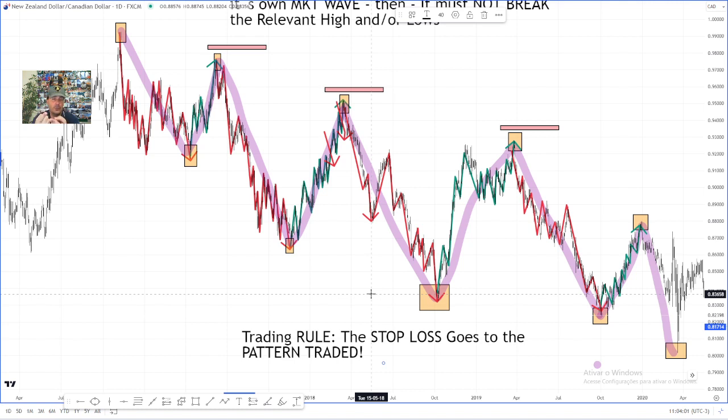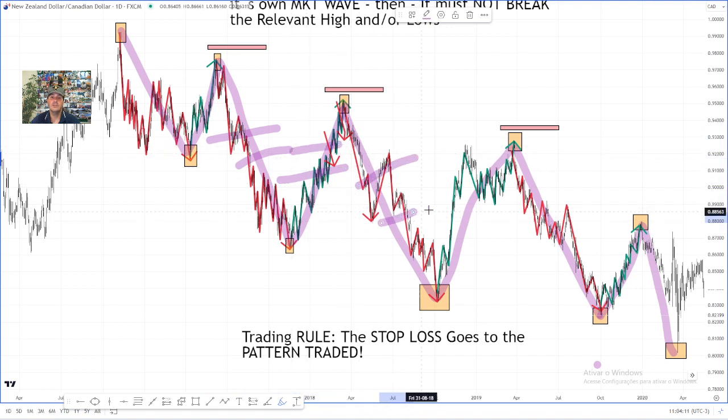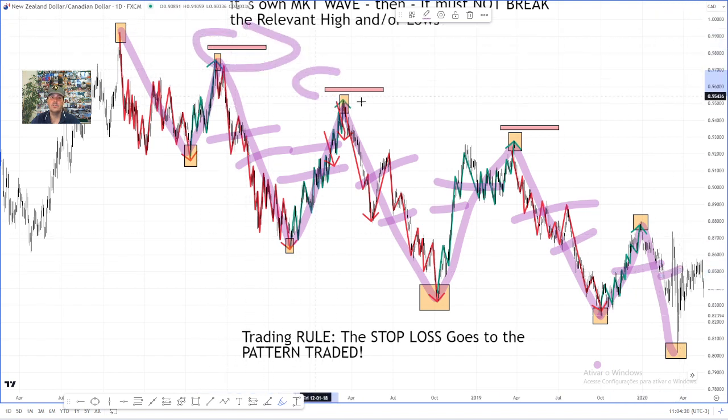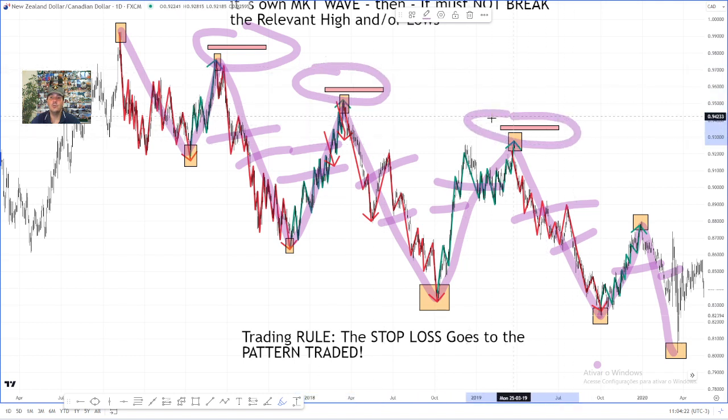Look at the chart: if I would put the stop loss in the correct place, it doesn't really matter where I would short the market, because we have the stop loss in the correct place. Would we or wouldn't we make money every single time?